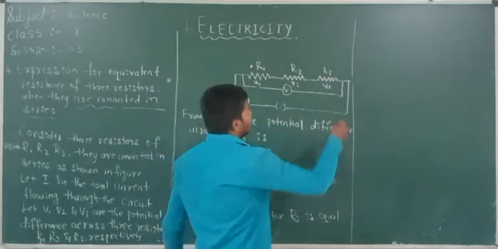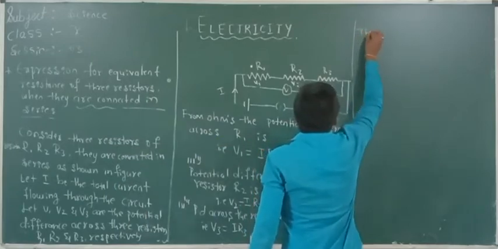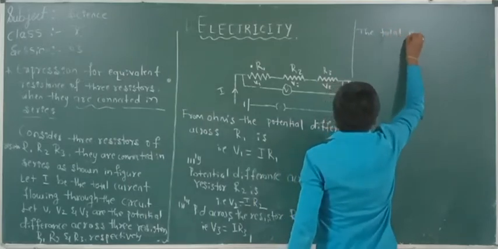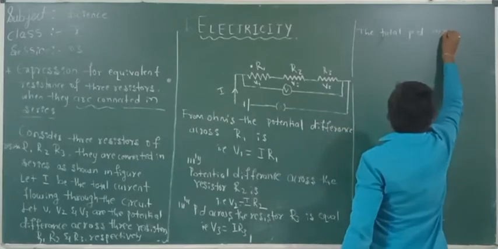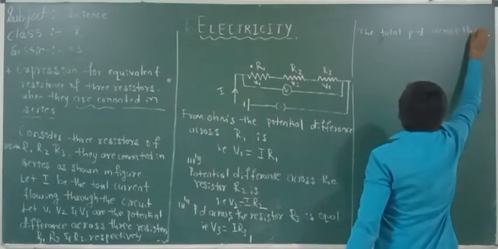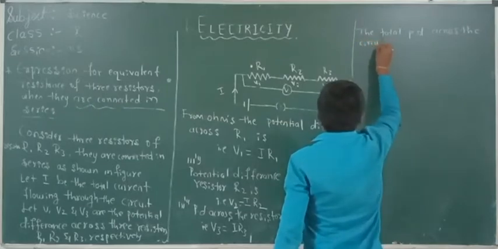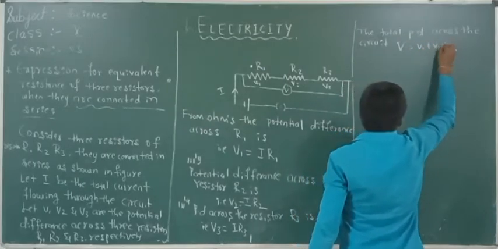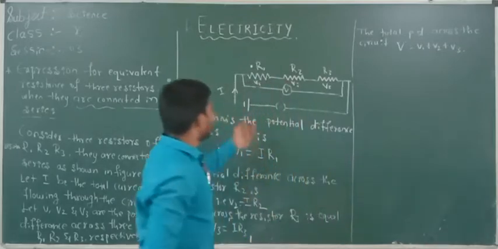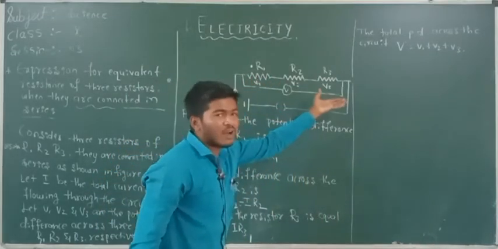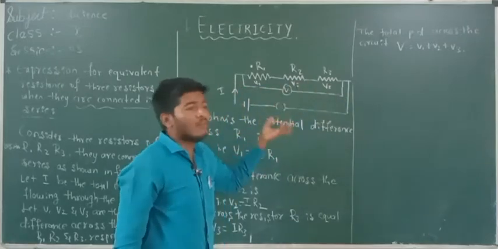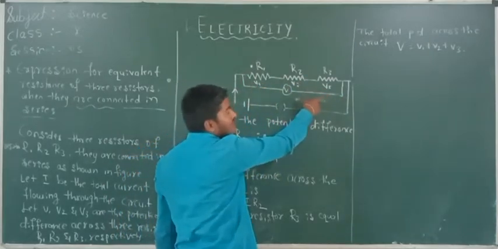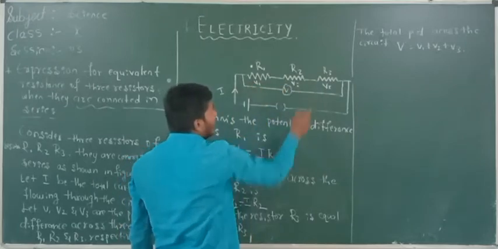But the total potential difference across the circuit is V equals V1 plus V2 plus V3, because we have three resistors, so the total potential difference is the sum of the potential differences across the three resistors, V1, V2 and V3.